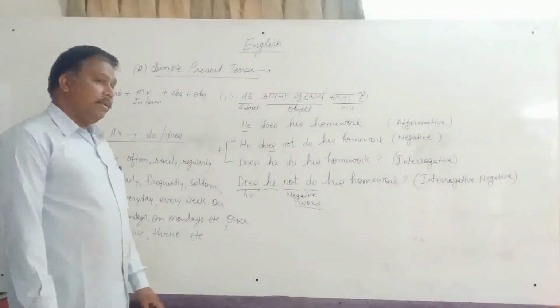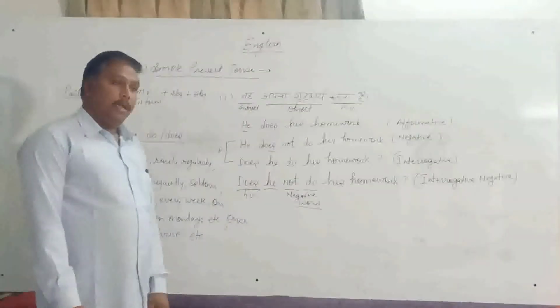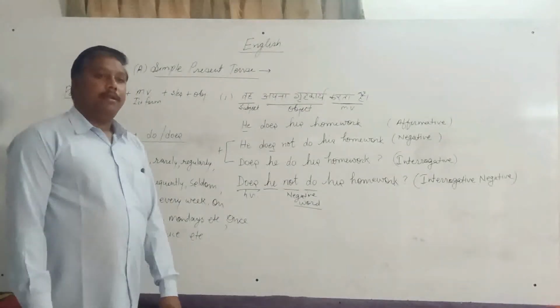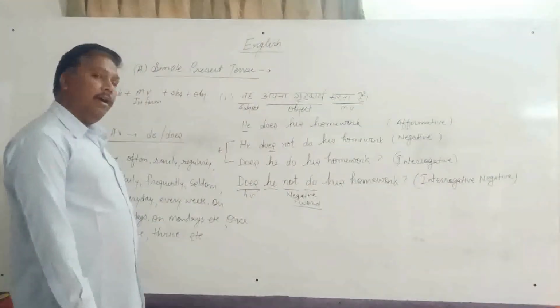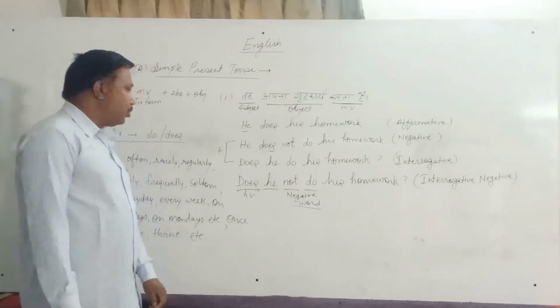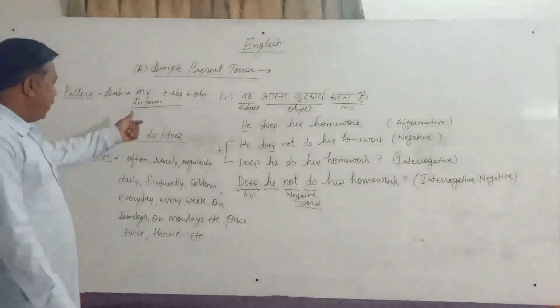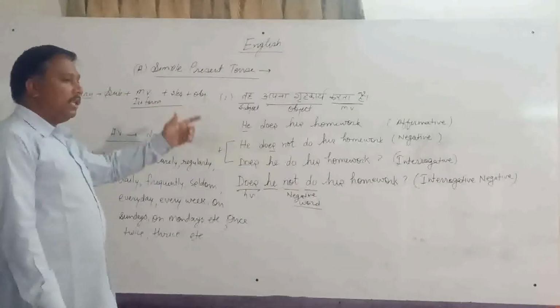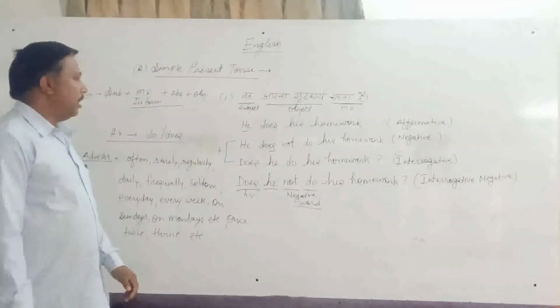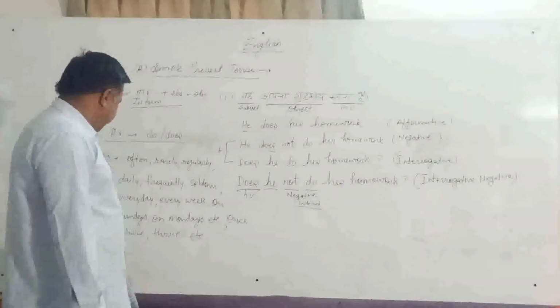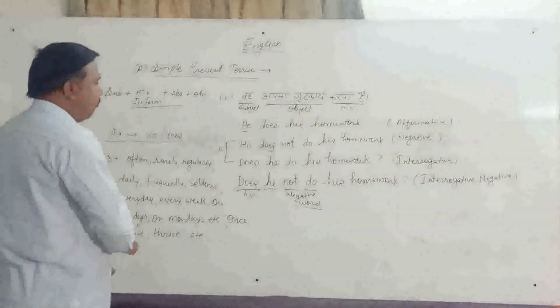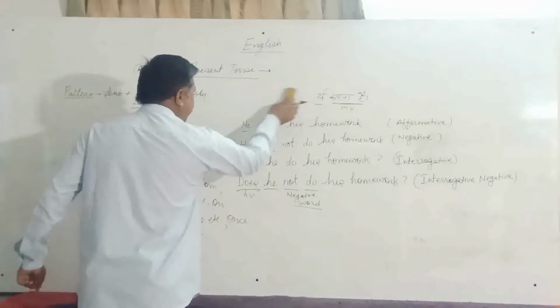And in the exam or in the question, we have to fill in the correct form of the verb. So we will apply this one: main verb in first form, and then s or es will come or not. Okay.